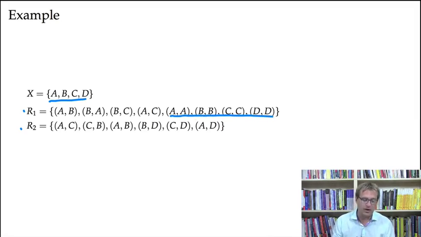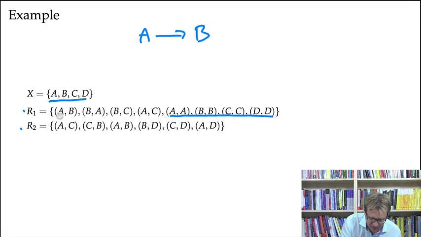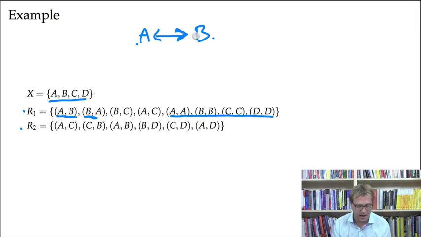To visualize what R1 looks like, I'm going to draw an arrow between two elements of X if the pair is in R1. So for example, I'll draw an arrow from A to B because the pair AB is an element of R1. Since BA is an element of R1, we have an arrow connecting both, A can see B and B can see A.